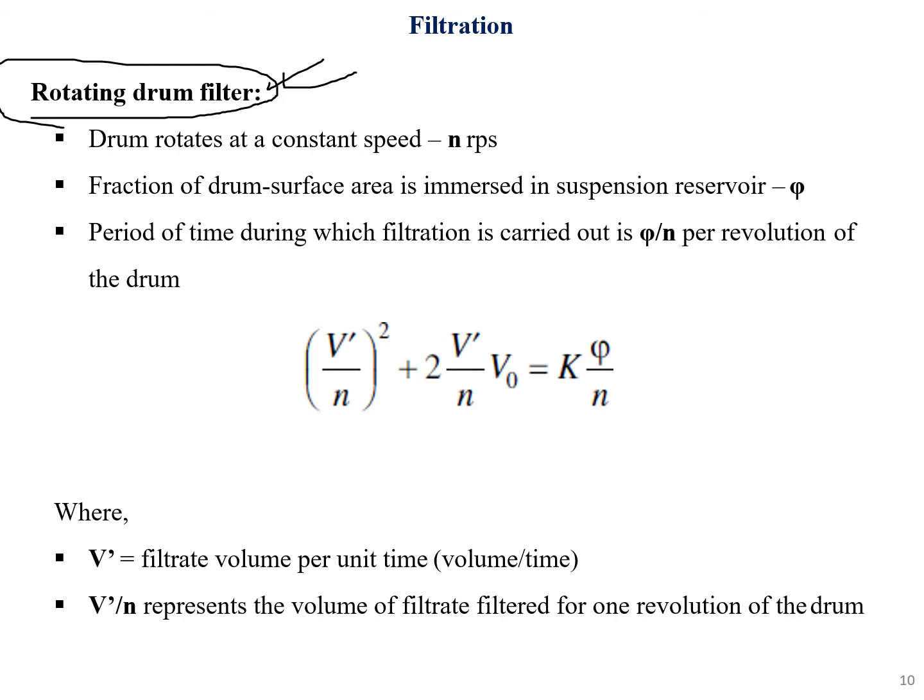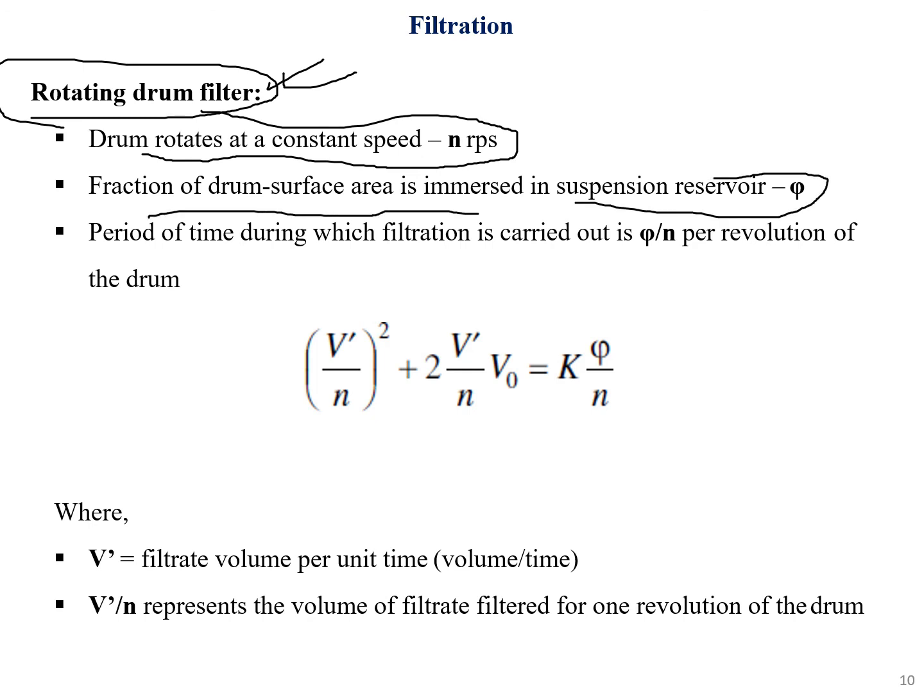So talking about the rotating drum filter, the drum rotates at a constant speed of n rps, and the fraction of the drum's surface area immersed in the suspension reservoir is given by phi, and the period of time during which filtration is carried out is given by phi by n per revolution of the drum, which can be represented by this.